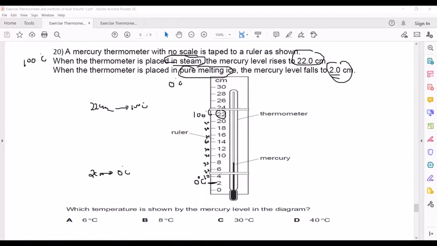So you write the numbers on this, because 2 centimeters was the 0 mark and 22 centimeters the 100 degree mark. Every 2 centimeters means 10 degrees. So 10, 20, 30, 40. Which level does it match? It's 30 degrees. So what's the right answer? C is the correct answer.